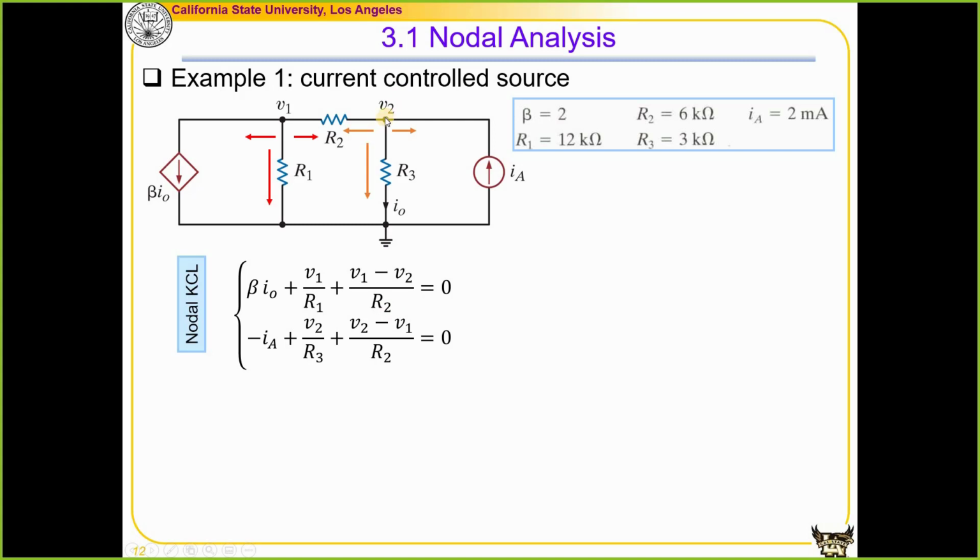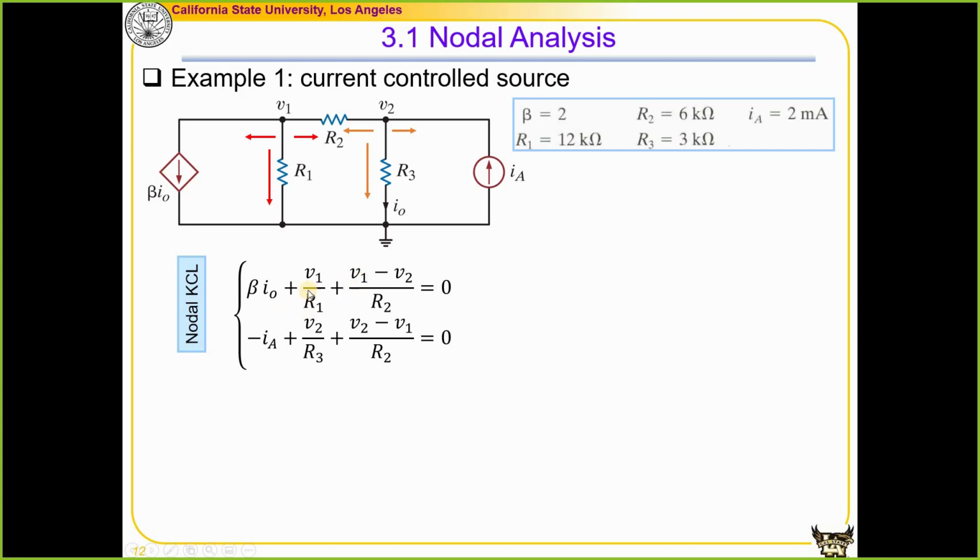The current leaving the node in this branch, that is V2 minus V1 divided by R2. The current leaving this node in this branch, that is V2 minus 0 divided by R3. You can neglect 0, you just write it as V2 divided by R3. The current leaving this node in this branch, that is negative I_A. So this is how I find my nodal equations.